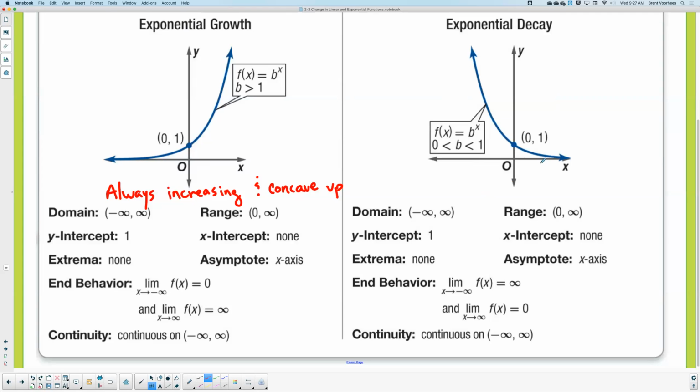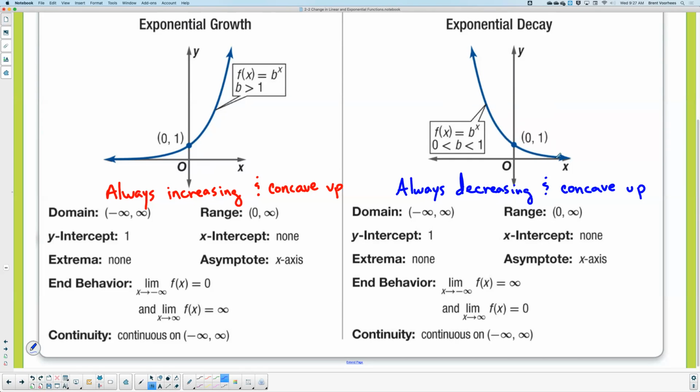Okay, what about exponential decay? It's always decreasing. Always decreasing. And it is concave down. No. This is concave up as well. All right. We are going off of opposites too much without looking at the picture. Look at it.